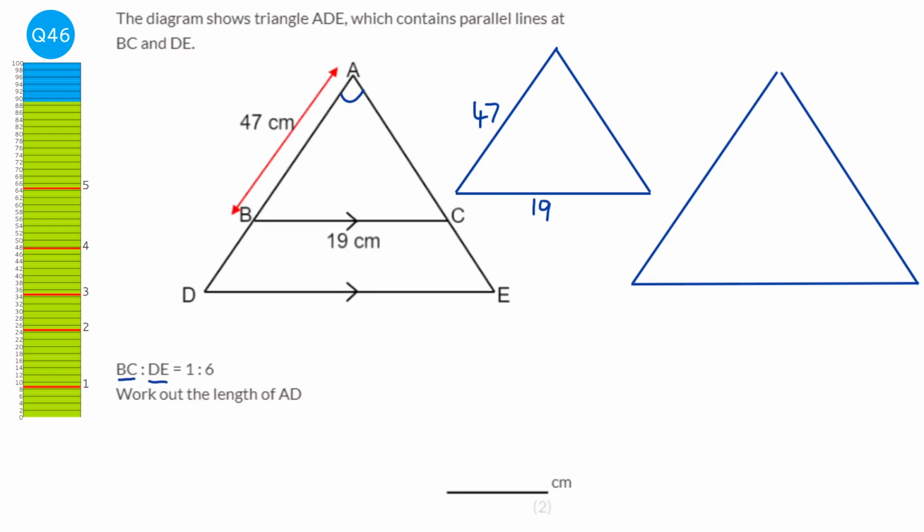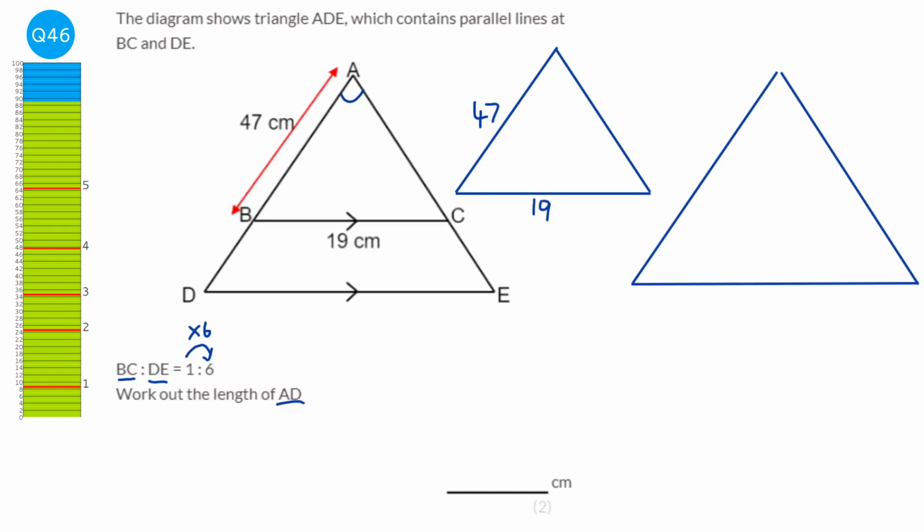So BC is this length here, and DE is this length here. So we're actually given the scale factor because we know that 1 times 6 is 6. So we know the scale factor is 6, and it's asking us to find length AD.